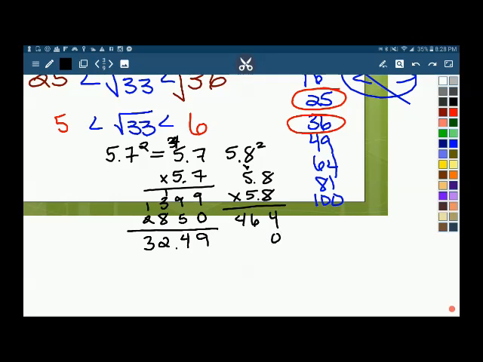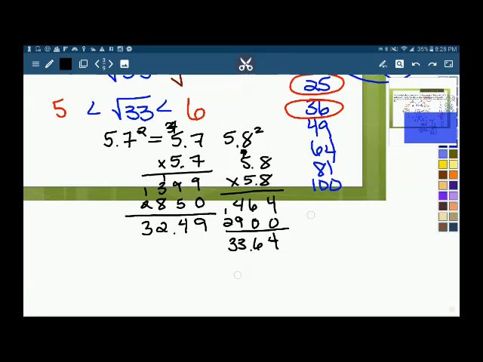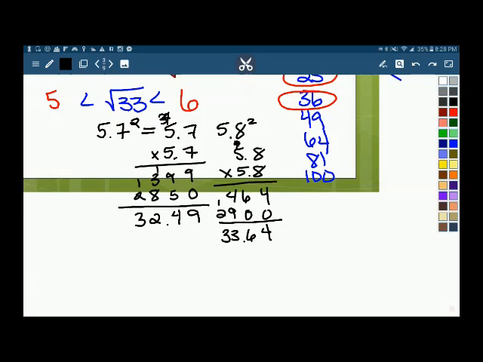Drop a 0. 5 times 8 is 40. 5 times 5 is 25, plus another 4 is 29. So I've got 0 plus 4 is 4, 6 plus 0 is 6, 4 plus 9 is 13, carry the 1. Okay, so now I know that the square root of 33 has to be somewhere between 5.7 and 5.8.